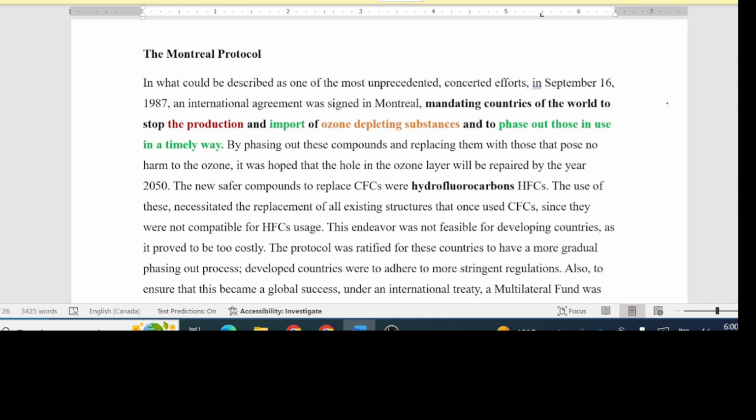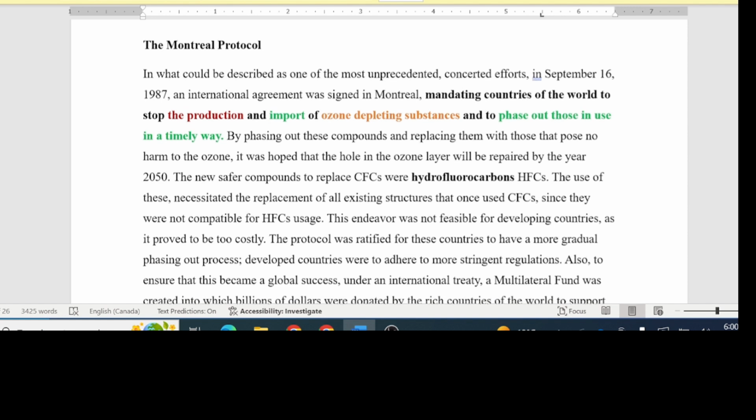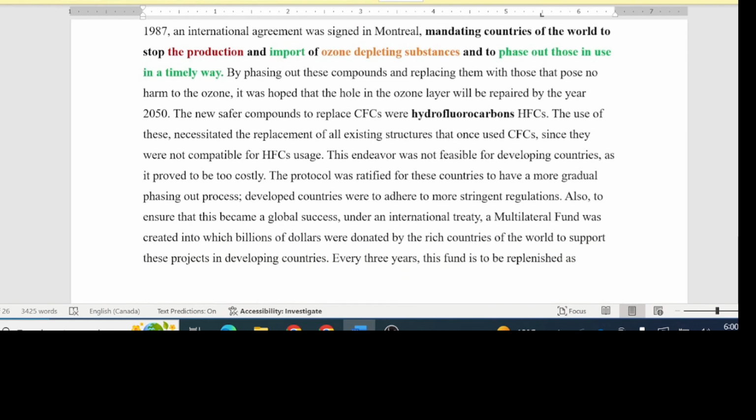These ozone-depleting substances were to be replaced by hydrofluorocarbons, HFCs. So these were the decisions that were made. The more developed countries of the world were mandated to make the switch with urgency, while the developing countries were given more time because of the associated costs of this process.